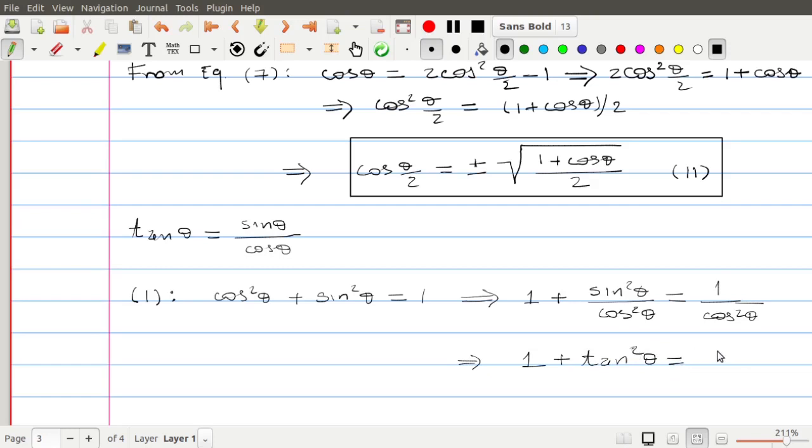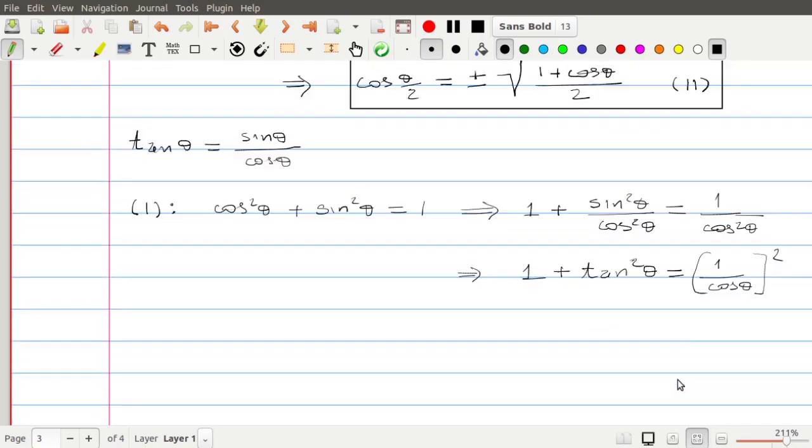equal to 1 by cosine theta squared. But this has a name. We call this the sec function. So we define the sec function to be 1 by cosine theta.